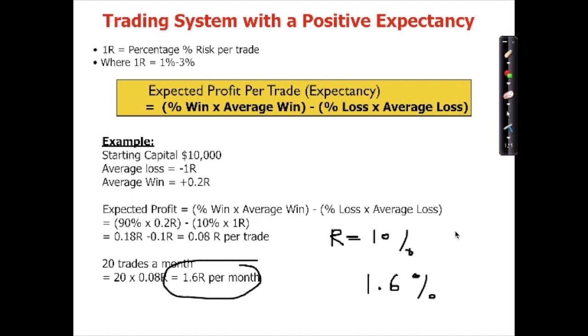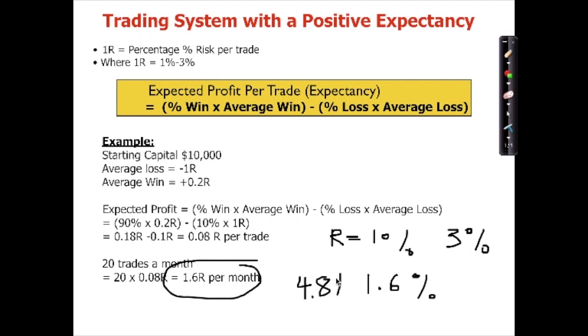So in other words, you have to risk a big percentage of your capital, say 3%, in order to get a reasonable return, right? If you risk 3%, for example, and you get 1.6R, that's a 4.8% return on your capital.